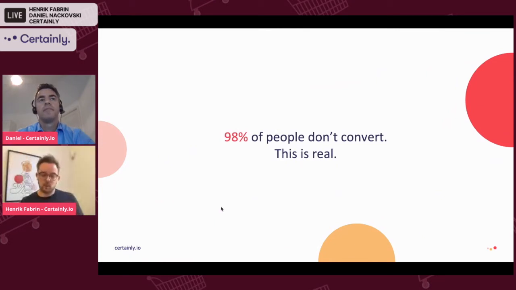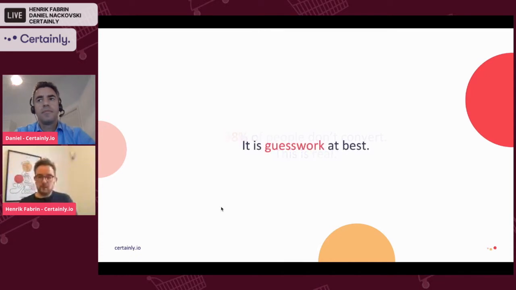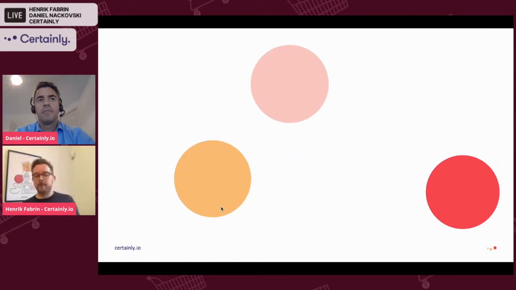It means that 98% of all online visitors do not end up buying something. And that's the industry standard, so that's real. And then the obvious question begs, okay, do we know why? And the reality is no, we don't, because it's actually guesswork at best. And that's the challenge, but that's also the opportunity to solve.